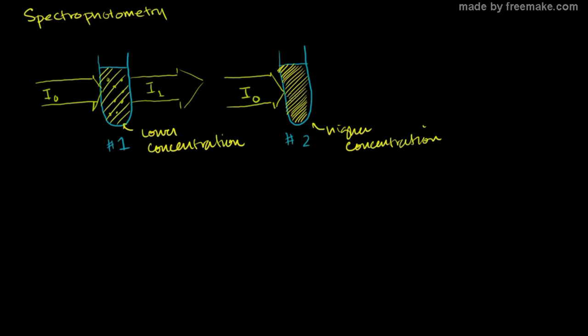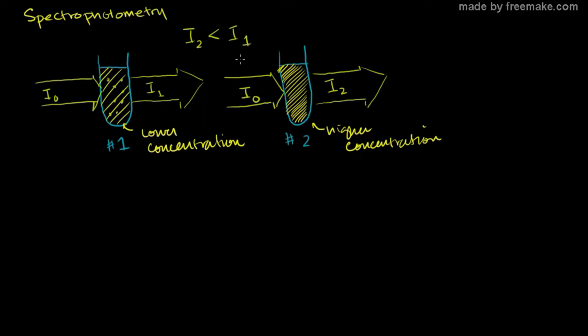It's just going to bump into more molecules because it's a higher concentration here. So the light that comes out, I'll call that intensity I2. This is going to have a lower intensity of light being transmitted than this one over here. In this case, I2 is going to be less than I1.